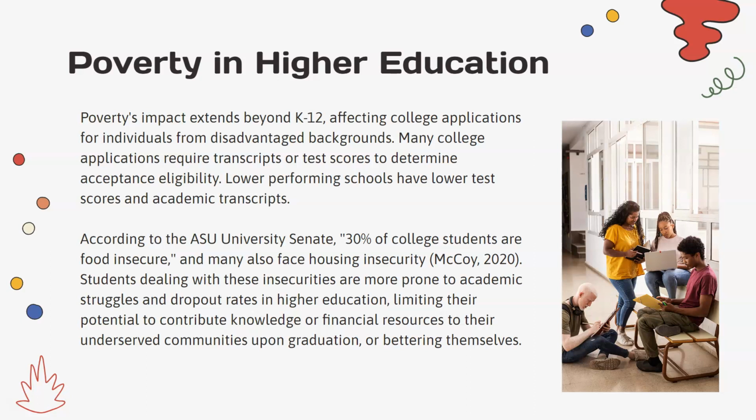According to the Arizona State University's University Senate, about 30% of college students are food insecure, and many also face housing insecurities. These baseline insecurities essentially lead to poorer student academic success, as they can't concentrate on their studies, rather having to concentrate on where their next meal may come from or what their housing situation may be. This does lead to higher rates of dropout, which may mean that students return back to their communities without any of the advantages of getting a higher education.